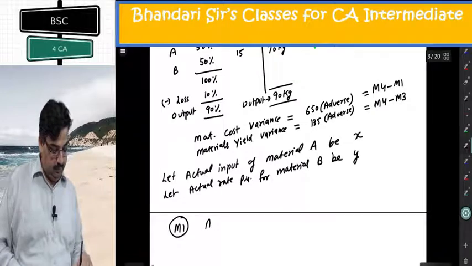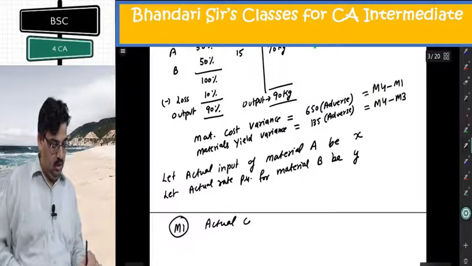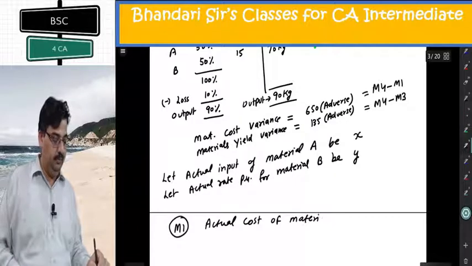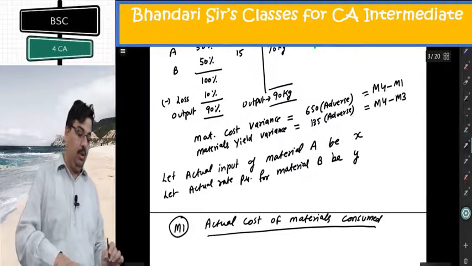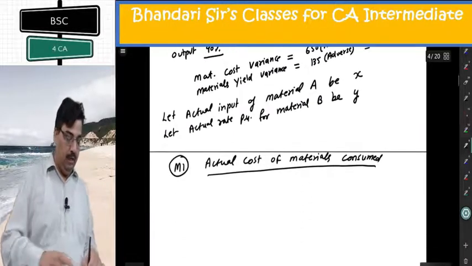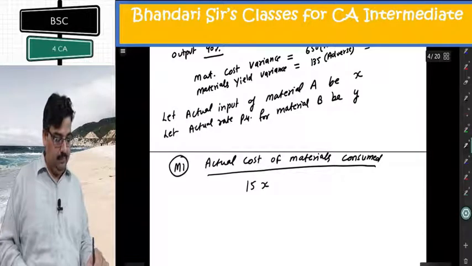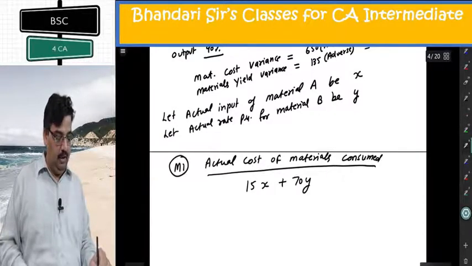M1, actual cost of materials consumed, actual into actual: 15x plus 70y.